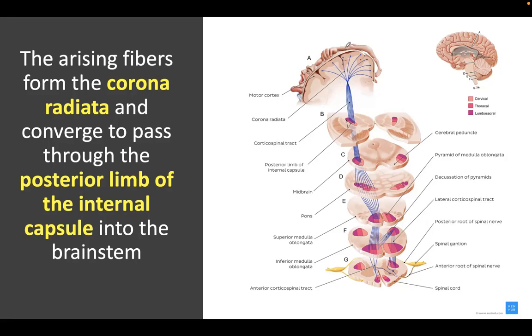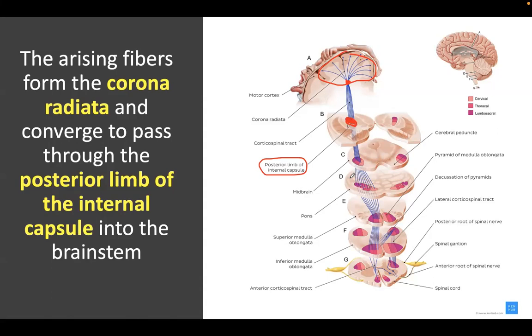Now here, this is the corona radiata. These fibers will now converge. Look, the fibers of the corona radiata will now converge, and it passes through this structure here, known as the posterior limb of the internal capsule, before it proceeds to the brainstem.